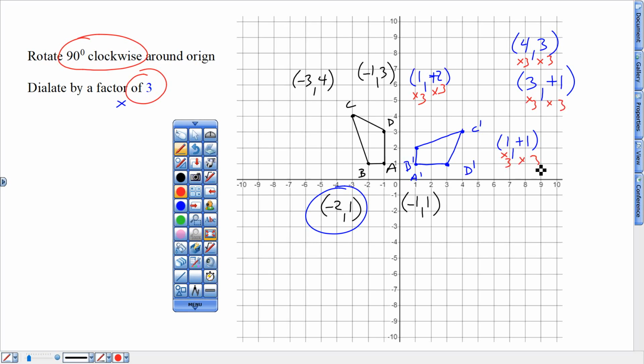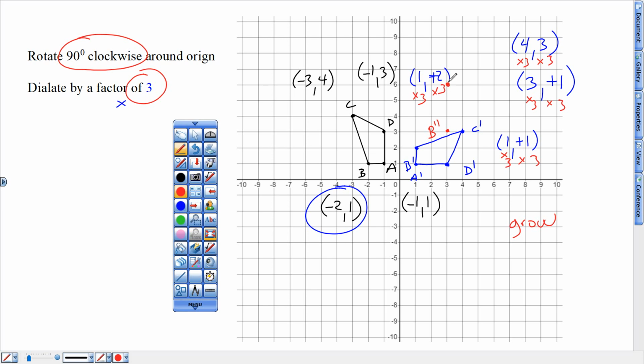And it looks like it's going to grow. It's going to get bigger. So here we go. 1, 1 becomes 3, 3. That's going to be B double prime. 1, 2. When I triple that, that becomes 3, 6. 3 all the way up here to 6.